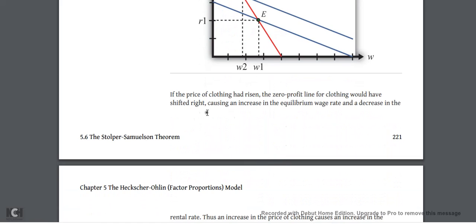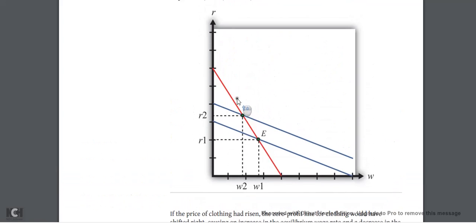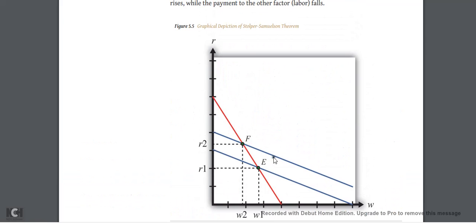What happens if the price of cloth is increased in the market? Obviously, we have to find the new zero profit equilibrium point. What you can observe is that the line shifts rightward like this.